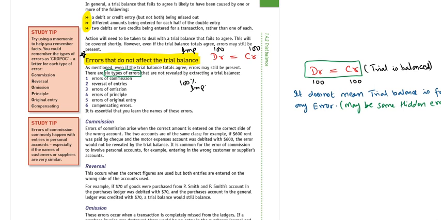Here is a mnemonic to remember these 6 errors: CROPOC. C for commission, error of commission; R for reversal, O for omission, P for principle, O for original entry, and C for compensating error. So CROPOC is the mnemonic of commission, reversal, omission, principle, original entry, and compensating error.